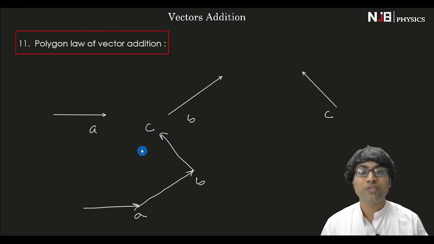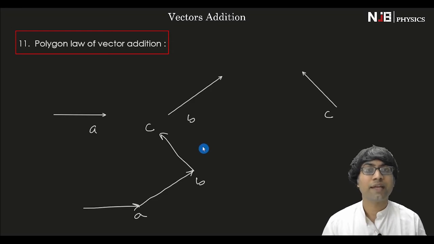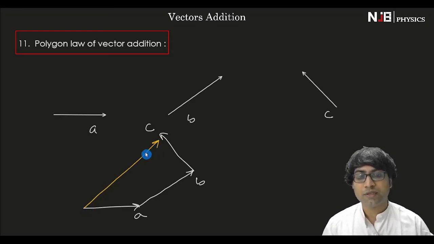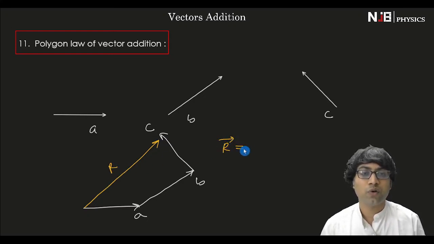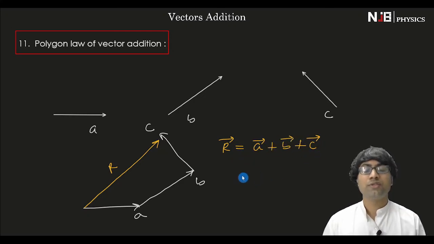Now the closing side taken in the reverse order will give you the resultant vector, and therefore this is going to be the resultant. That means r vector is equal to a vector plus b vector plus c vector. So this is how, by using the polygon law of vector addition, this is common sense basically, you are going to get the resultant of more than two vectors.